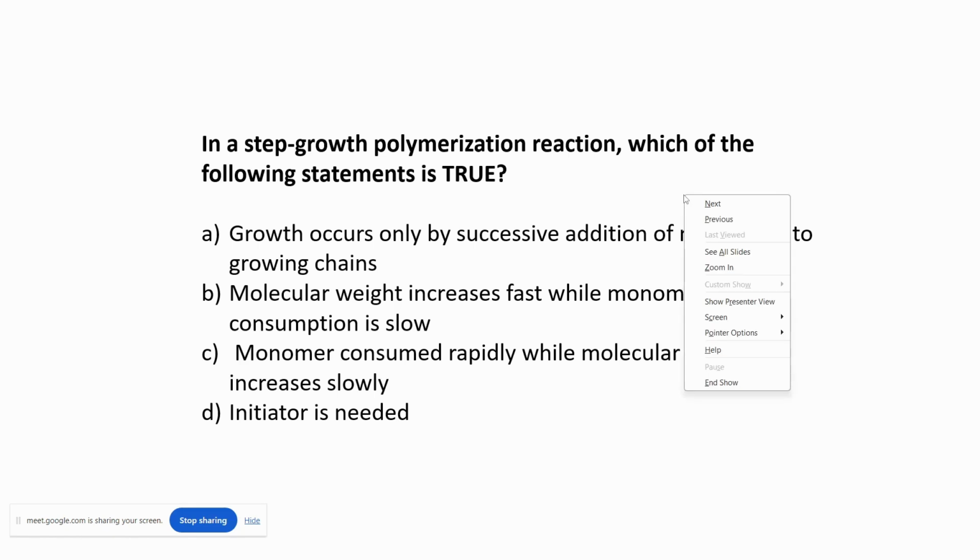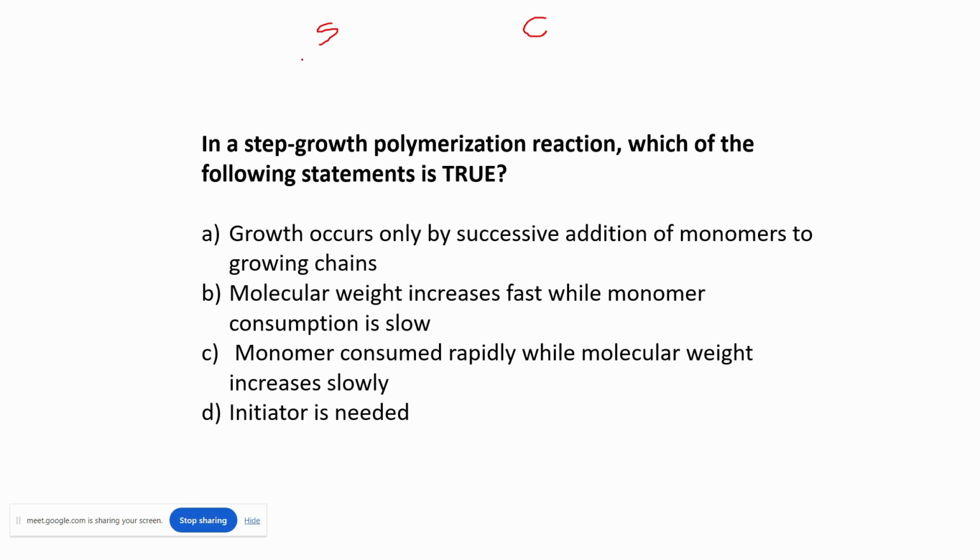Okay, so there are two different types of polymerization reaction. One is step growth, and another is chain reaction. In step growth, your initial monomers will start reacting with each other, and different sizes of chains will form, and these can join together to form a bigger size.